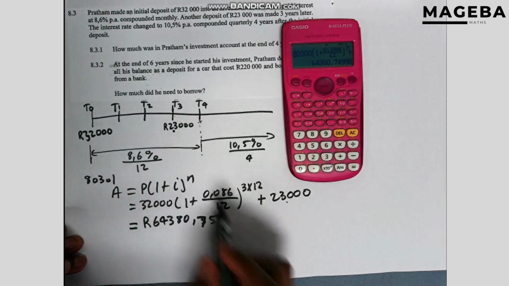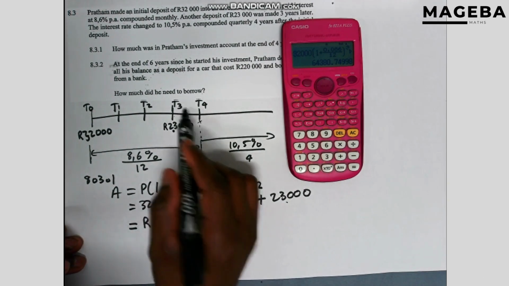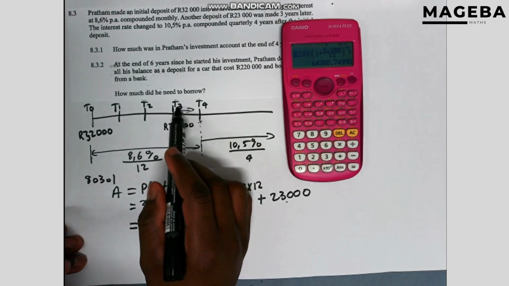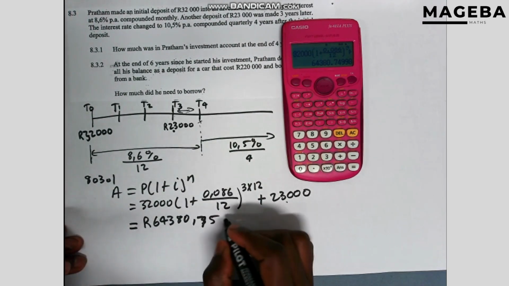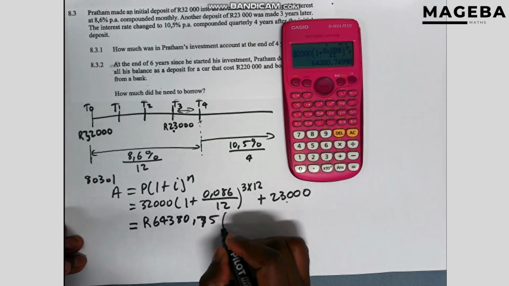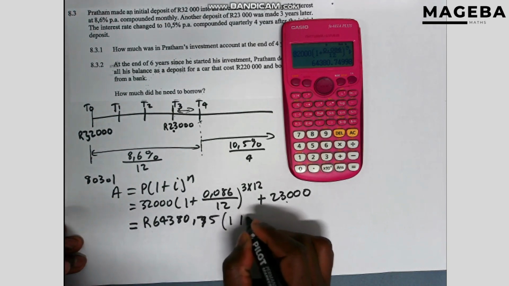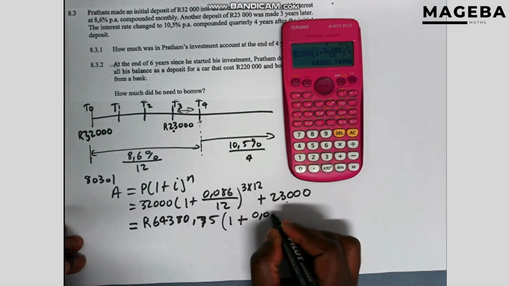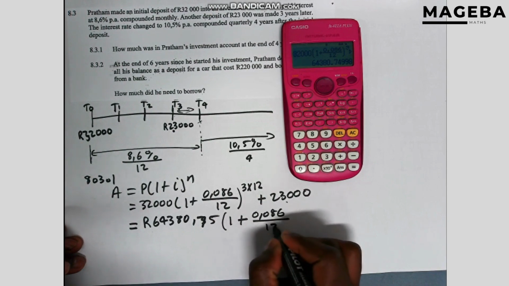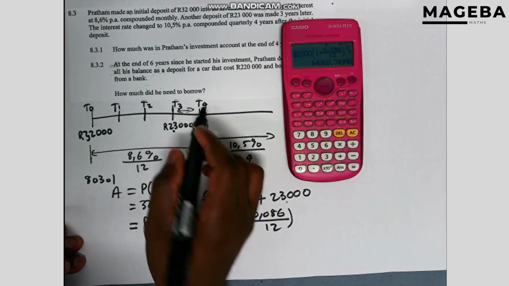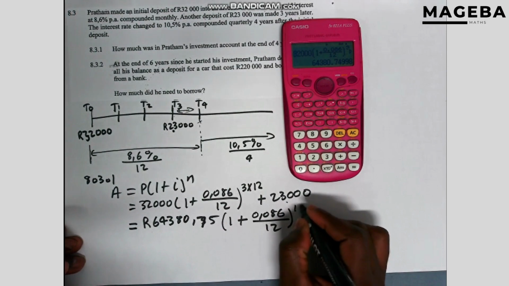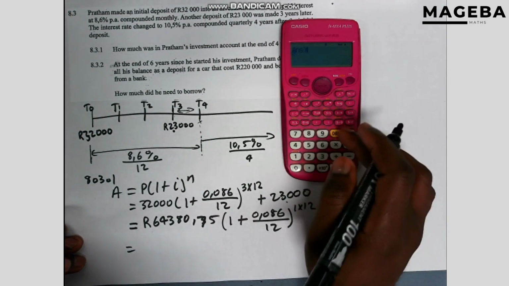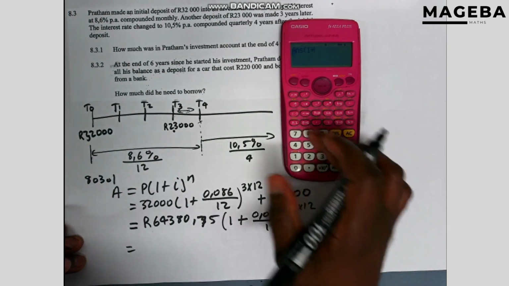But now after putting this 23,000, there is the accumulated amount from T3 to T4, which is 1 year. I'm just going to find that interest also. It's going to be 1 plus, still the same interest rate, 0.086 over 12, but that one is between 3 and 4, which is 1 year, then times 12, times that amount.